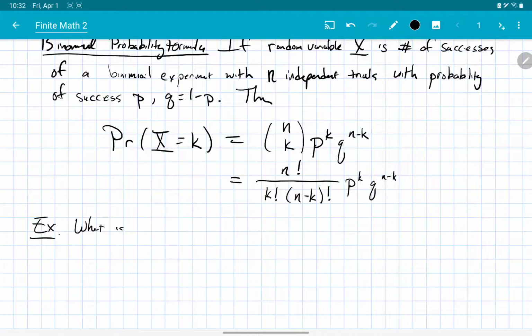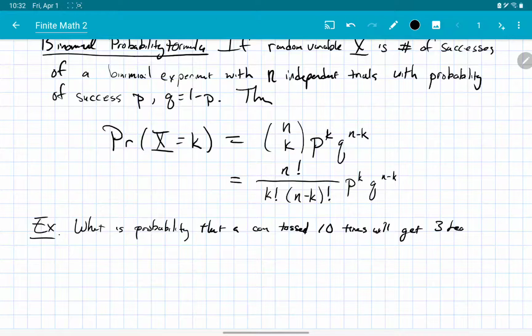What is the probability that a coin tossed 10 times will get 3 heads? We're going to toss a coin 10 times and say how likely is it that we'll get exactly 3 heads.